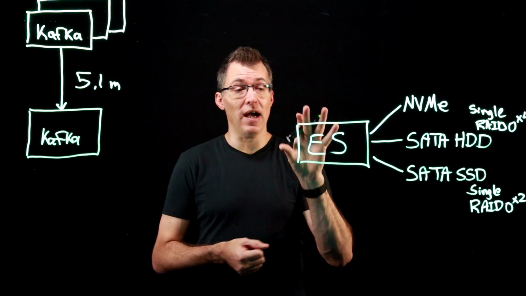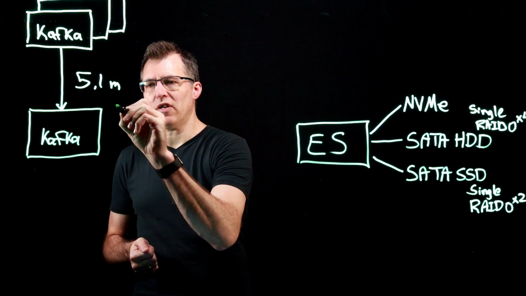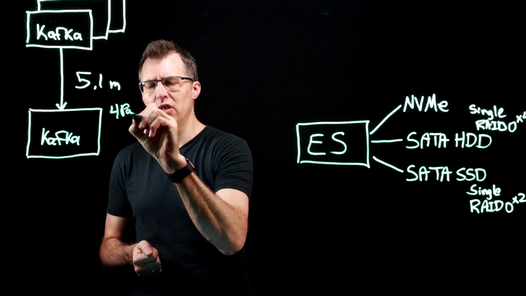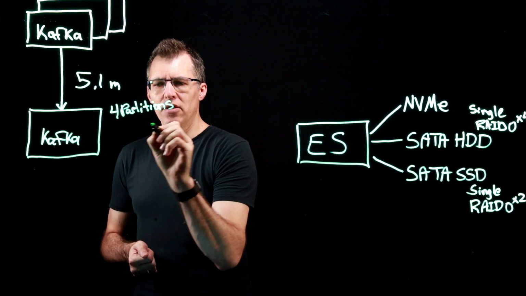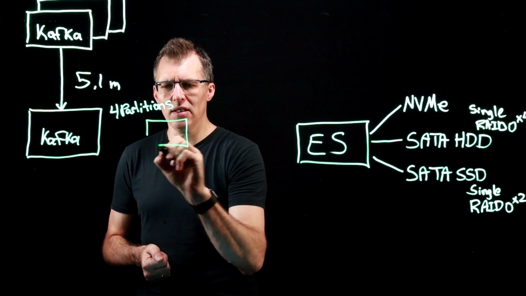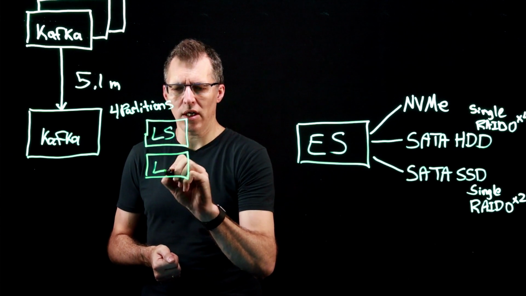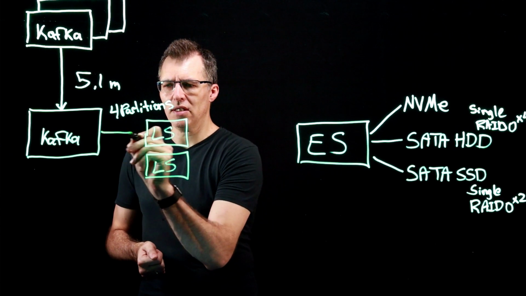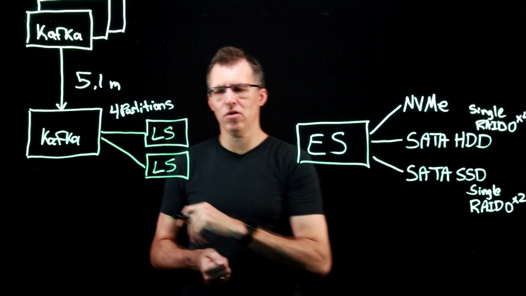Now, to get data from Kafka into our Elasticsearch instance, we have data in Kafka using 4 partitions in the topic that we will be reading from. And so we're going to leverage 2 instances, in this case Logstash. These will be running on separate systems. They will each read from 2 partitions.